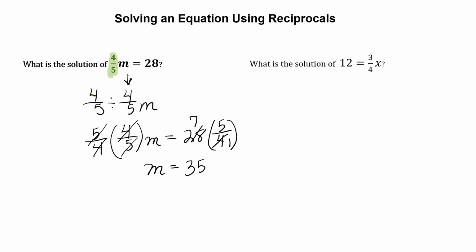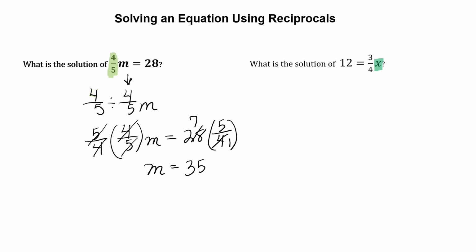So now let's look at the next example. We have 12 equals 3/4 x. So then we want to undo the multiplication of that fraction by dividing, right? So we need to isolate this x here. We're going to have the same problem again.